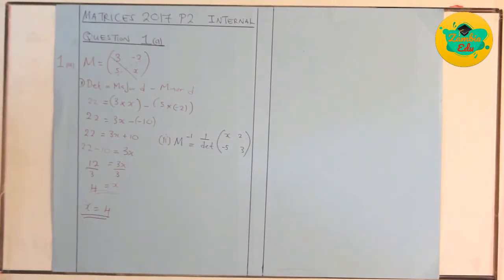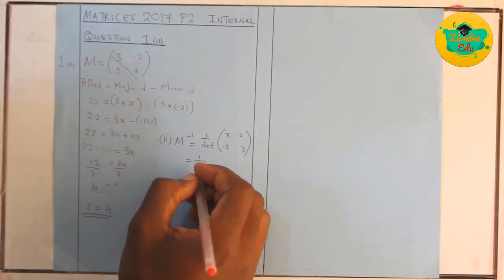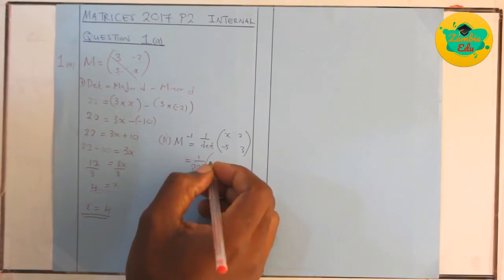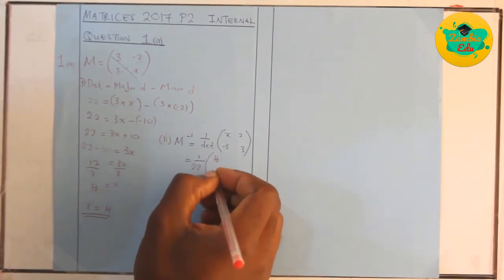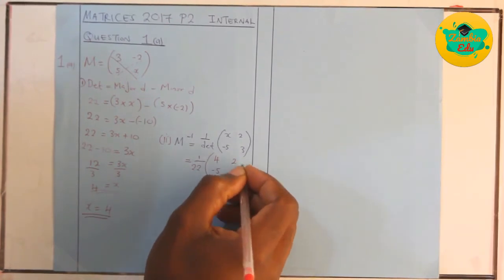Okay, that being the case, we continue. Equals 1, our determinant we have said is 22, over the value of x, 4, negative 5, 2, and 3.